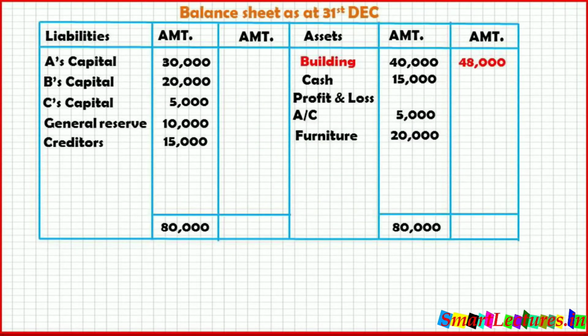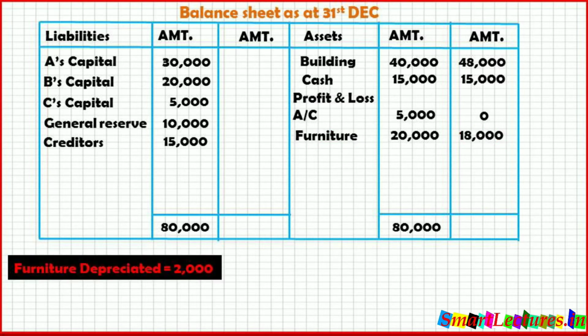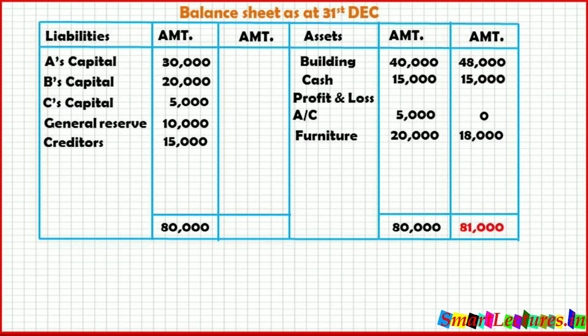Building will be 48,000 now, cash is as it is 15,000, profit and loss account is no more, it will be 0 now. Furniture is only 18,000, because if you have a look at the graphics of the balance sheet, the part of 2,000 is gone, the remaining part is only 18,000 now, and the total will be 81,000.